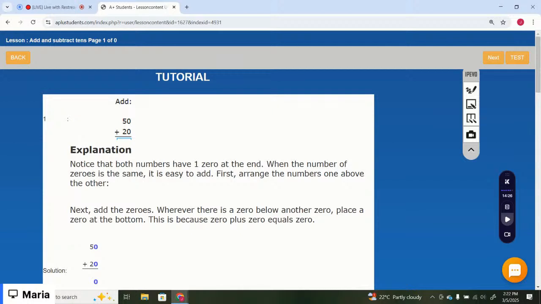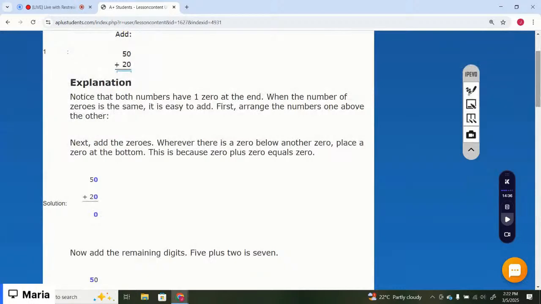Add 50 plus 20. You always start adding from the one digit. 0 plus 0 is 0. Then you have to add 5 plus 2.